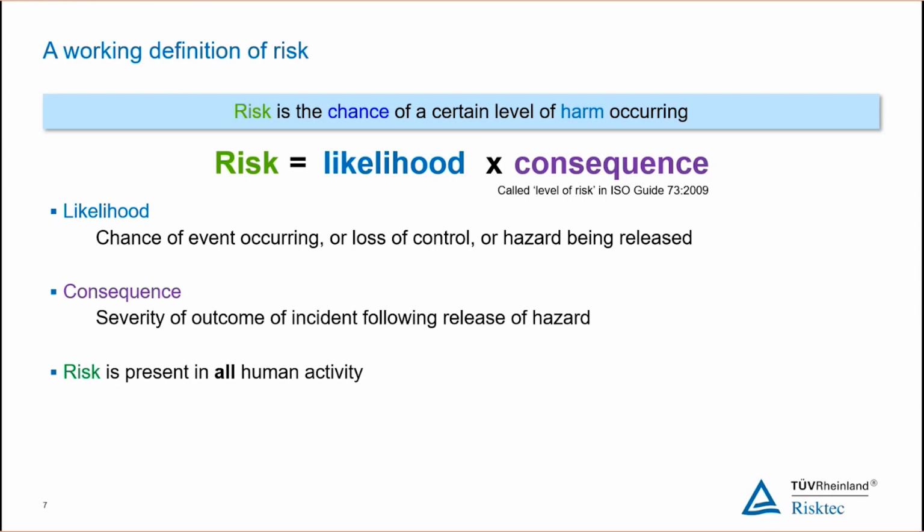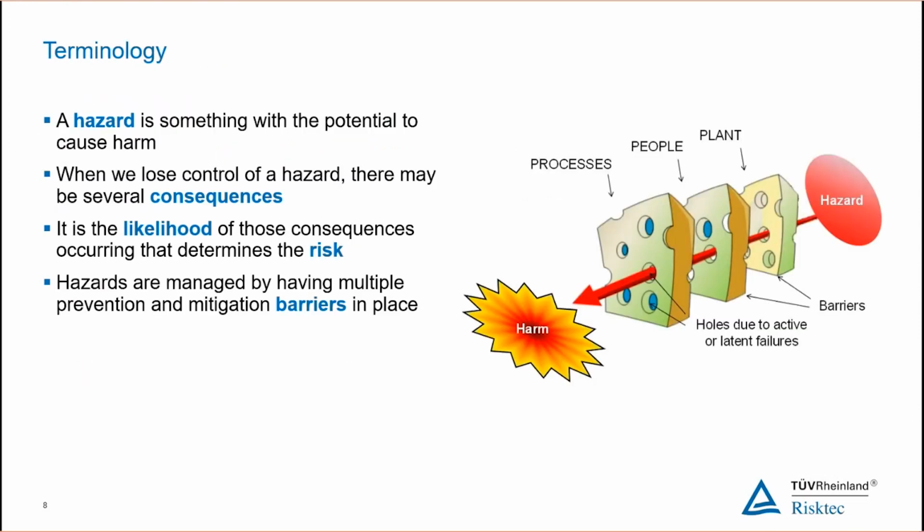A couple of other terms will come up as we go through. A hazard: we talk a lot about hazard identification. A hazard is very simply something with the potential to cause harm to something that we care about, primarily persons. If we lose control of that hazard, we stop managing it and the hazard is released, then there may be consequences that arise from that.